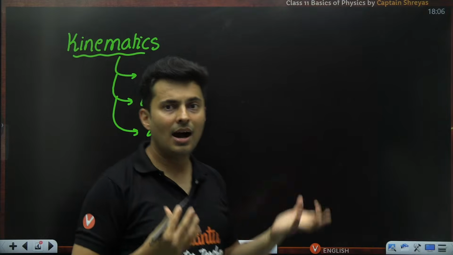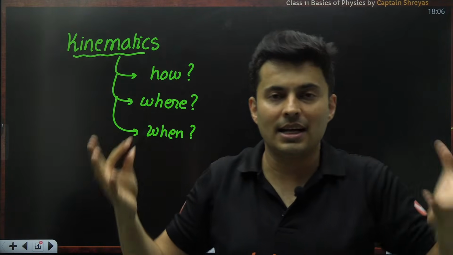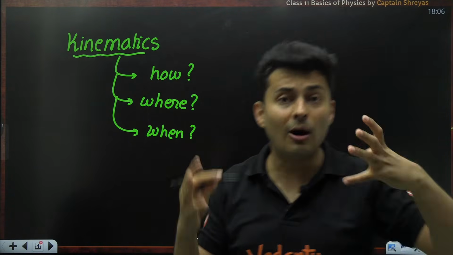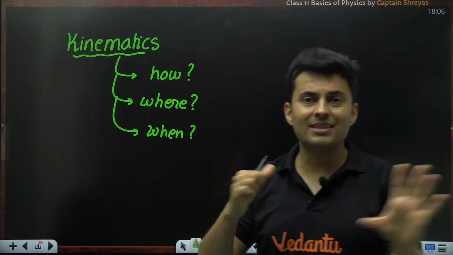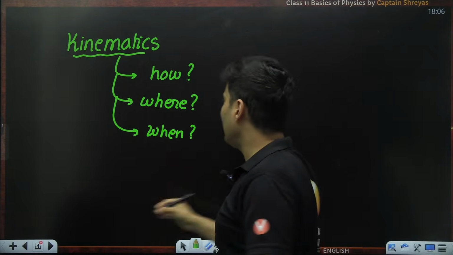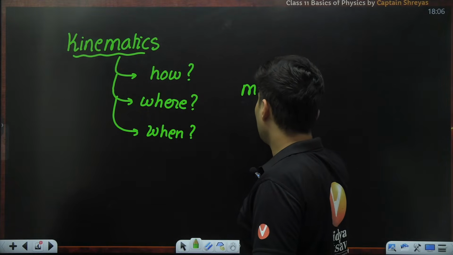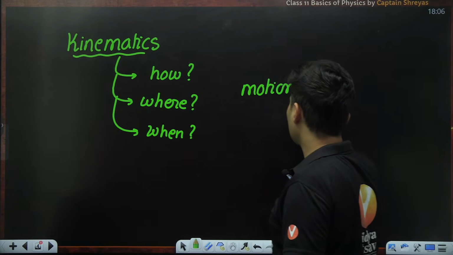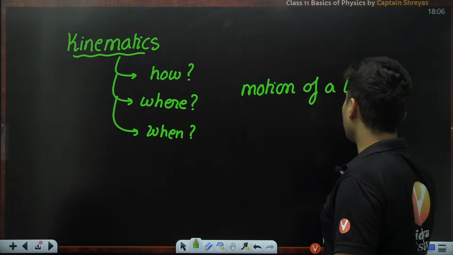This is how you can understand kinematics. Kinematics is the study of how, where, and when things are happening around us with regards to the motion of a body.